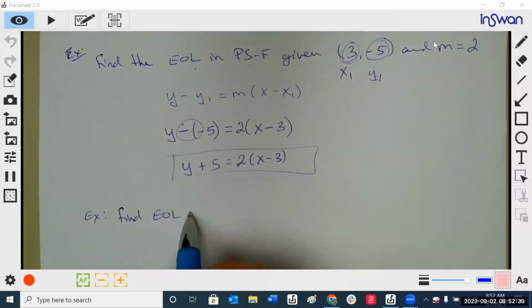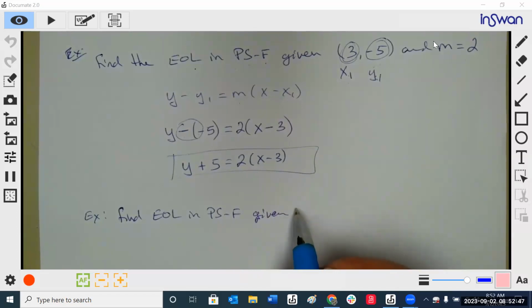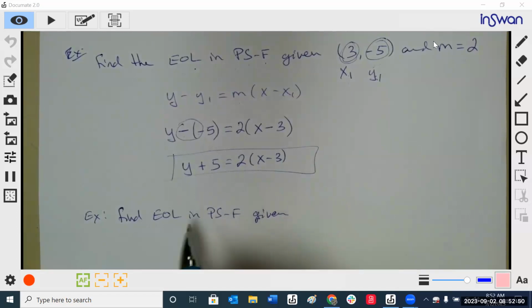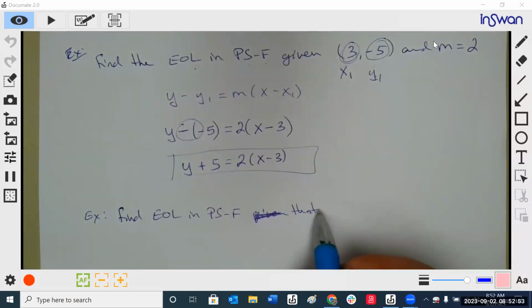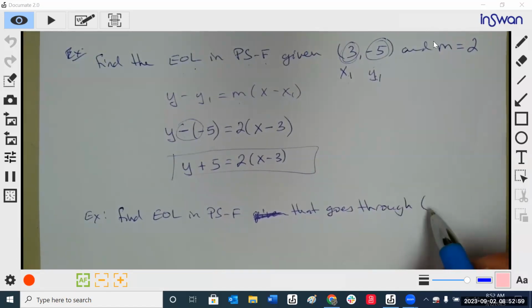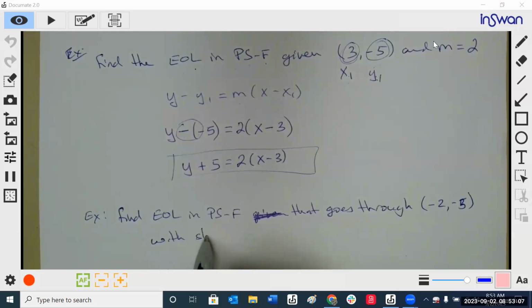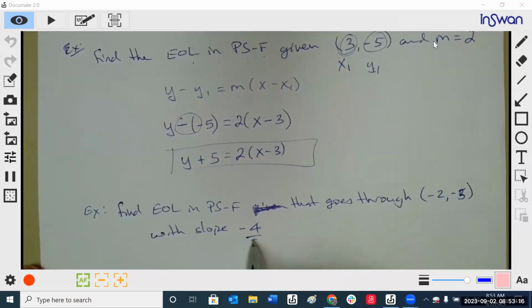Find the equation of the line in point slope form that goes through -2, -5 with slope -4/5.